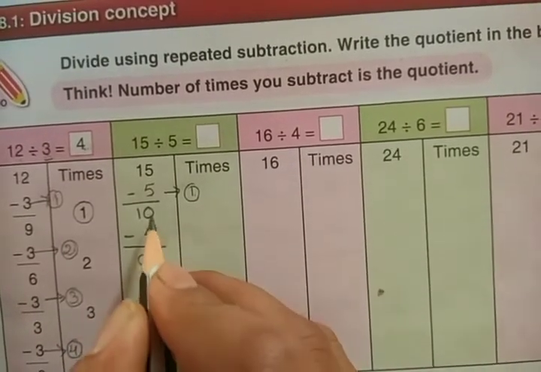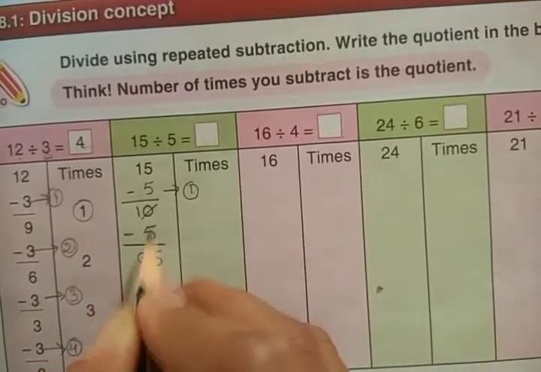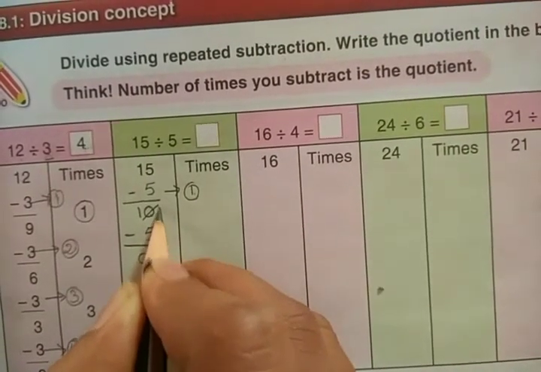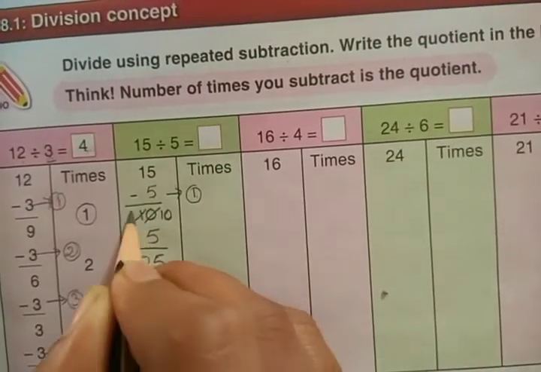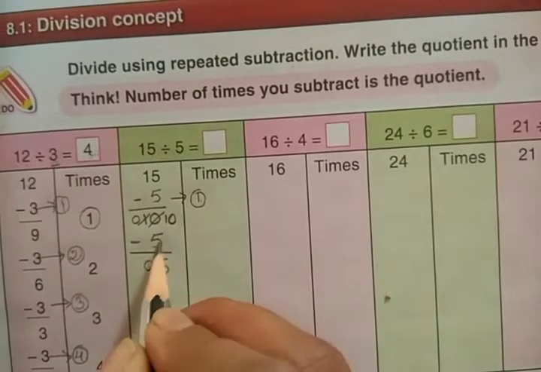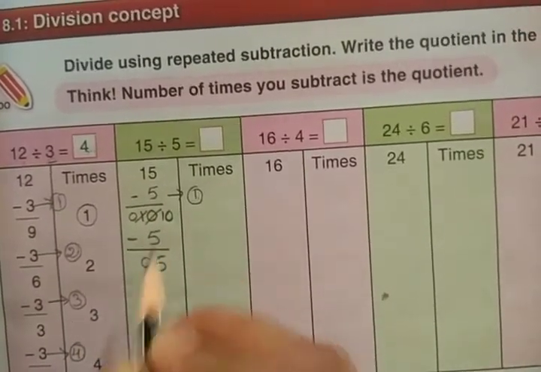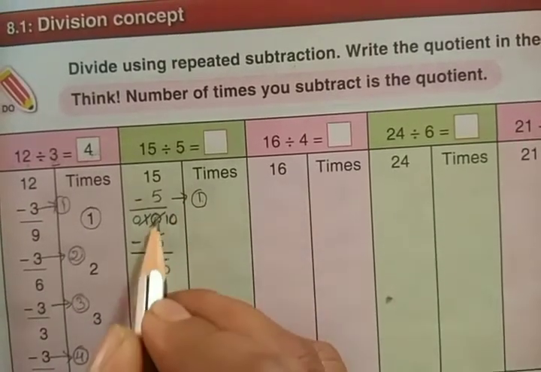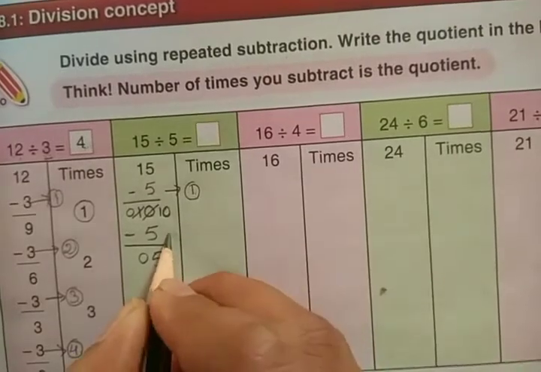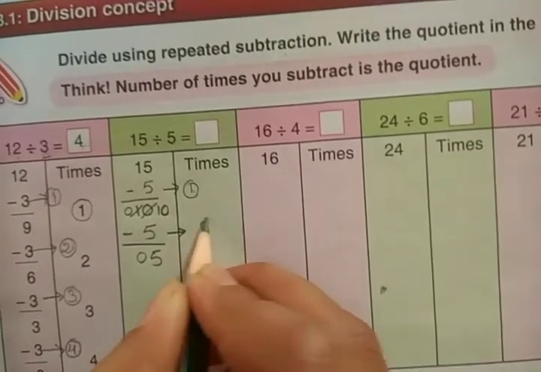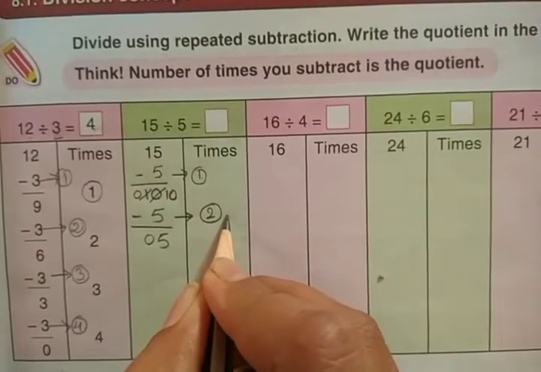Subtract using the carryover method: this is lesser than this, so you take a carryover and make it 10, and this one less is 0. 10 minus 5 will be 5. If you subtract 5 from 10, you get the answer 5, and this is the second time we have subtracted.